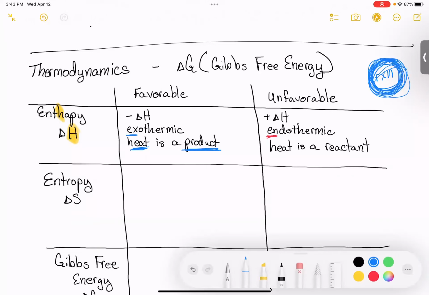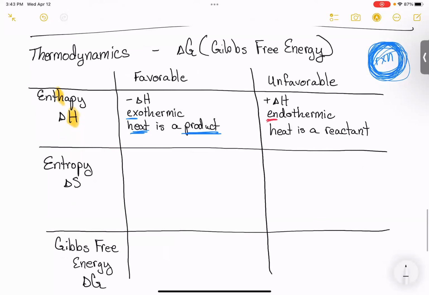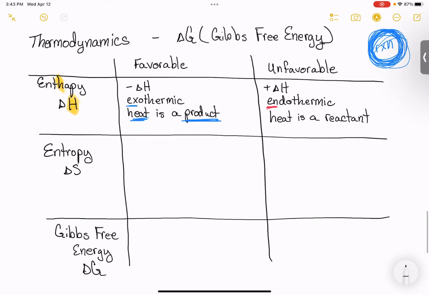Now, let's move on to entropy. Entropy describes disorder, chaos. We're going to go over entropy in a little more detail here in a minute. But with respect to entropy, a positive delta S is a favorable one.